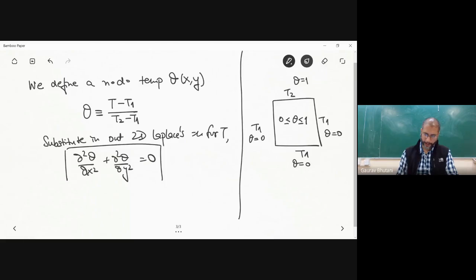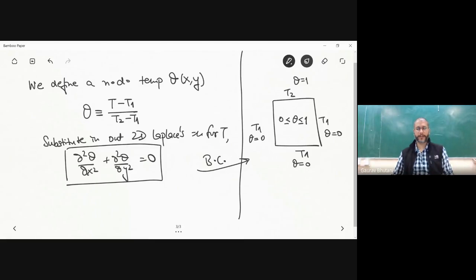So we'll solve this equation with the boundary conditions which are given on the right hand side. Is that clear?